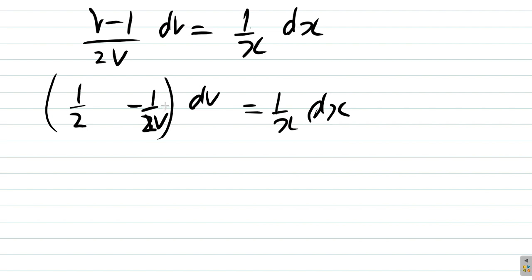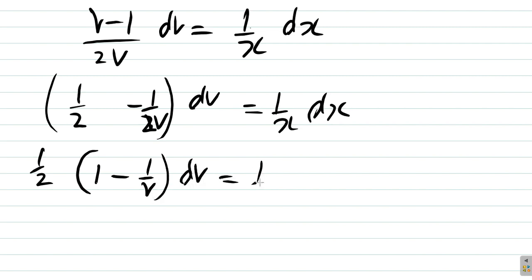Okay. Which is half times 1 over V. Let's separate them. And what we could do, put half outside the bracket. So we have half times 1 minus 1 over V dV equal 1 over x dx. Alright, good. Then we integrate both sides.